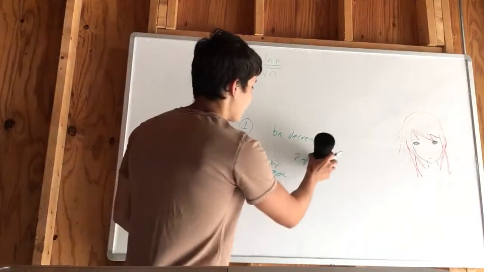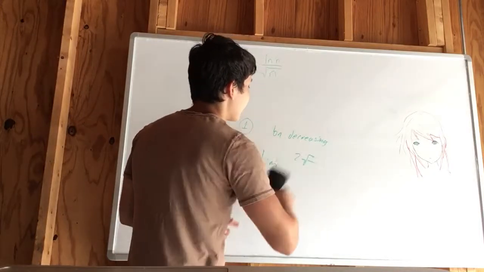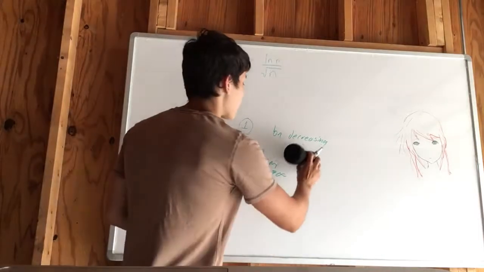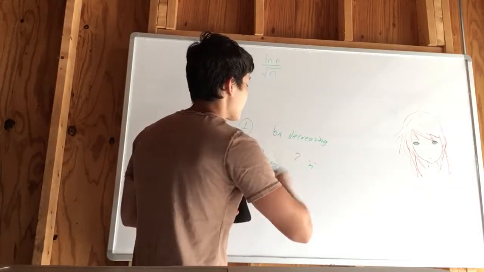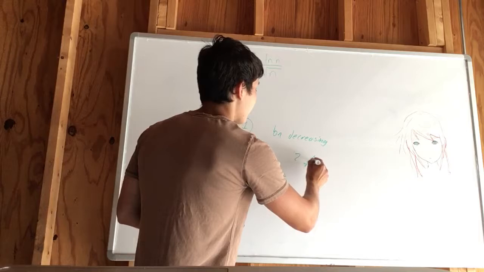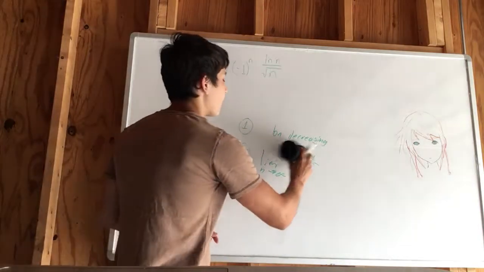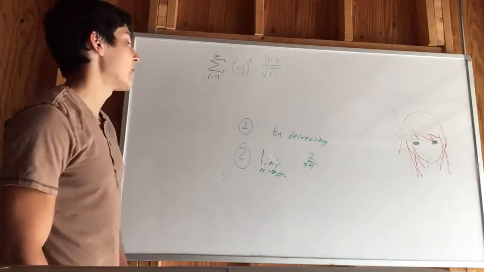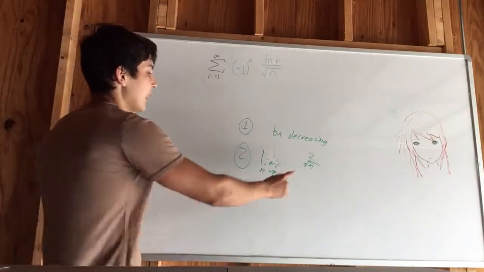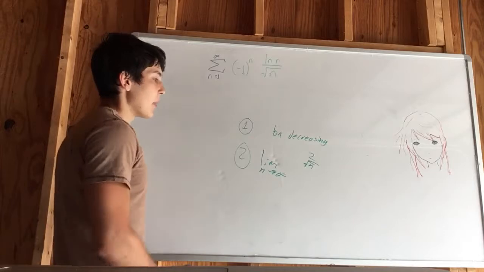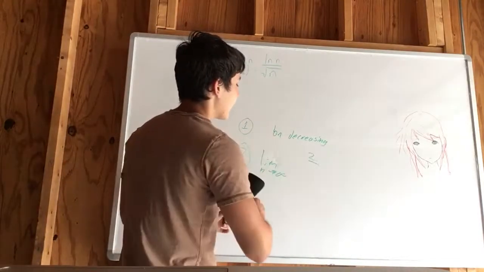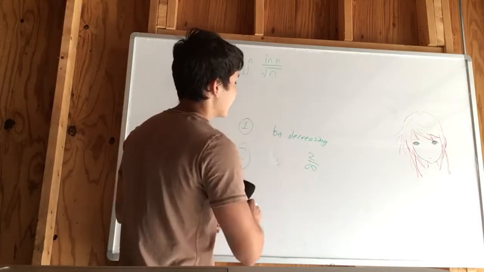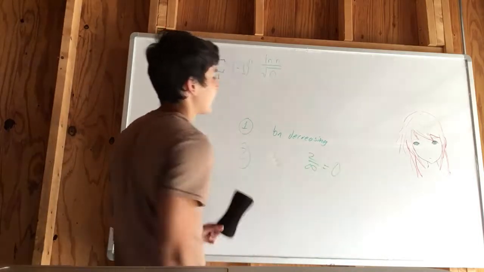So we have 1 over n, and if we further simplify, we can bring the 2 back into the numerator. We're going to destroy that 2 when we plug infinity into the denominator, because we're taking the limit as n approaches infinity, and that will give us 0.